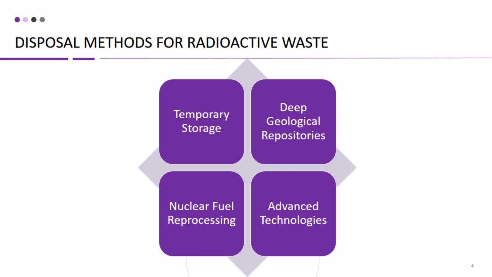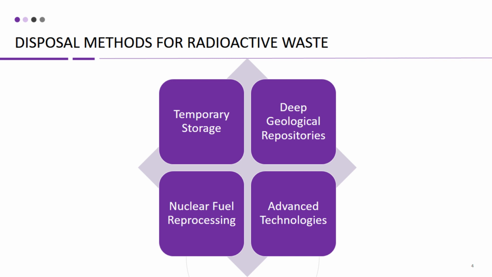The third type is nuclear fuel reprocessing. Nuclear fuel reprocessing is a process that involves extracting valuable materials from used fuel rods for reuse and reducing the volume of radioactive waste. This method is considered more controversial and is currently not widely used due to concerns related to nuclear proliferation and potential for misuse of extracted materials. However, it has been employed in some countries as a method to manage radioactive waste.